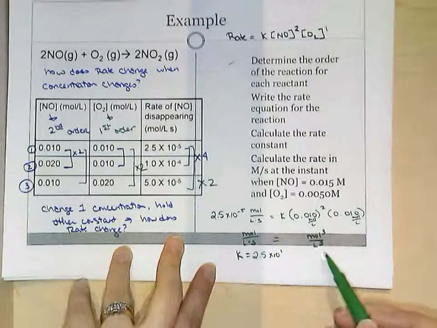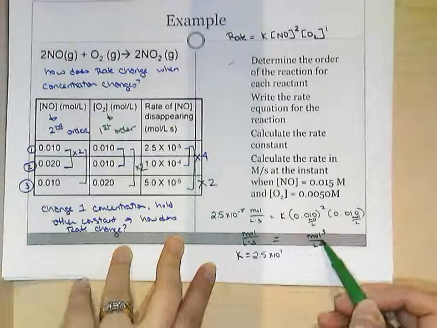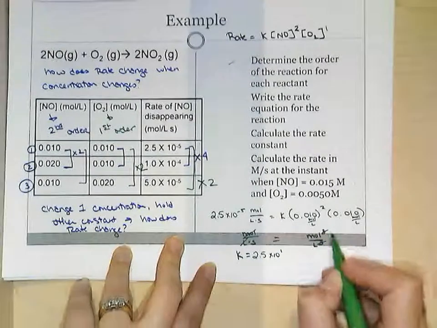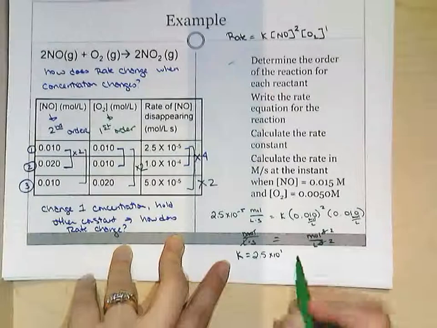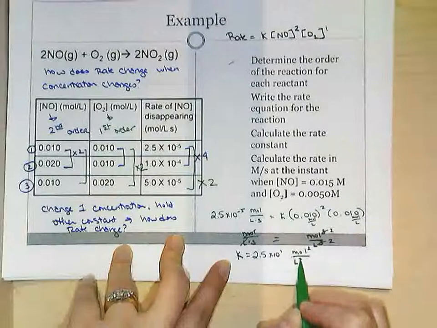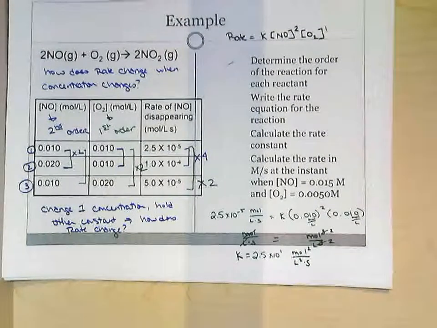So for those to cancel out, this will cancel out with that, and that will with that, and you get 2 and 2. So you'll end up with something crazy like that. It depends on your orders, what you need. So when you're doing these problems on Mastering and they ask for the units, the order is going to affect the units.